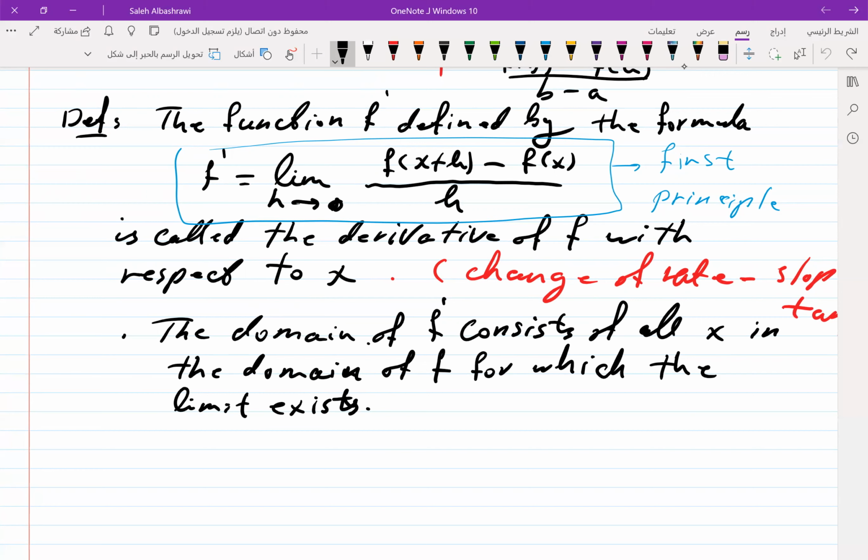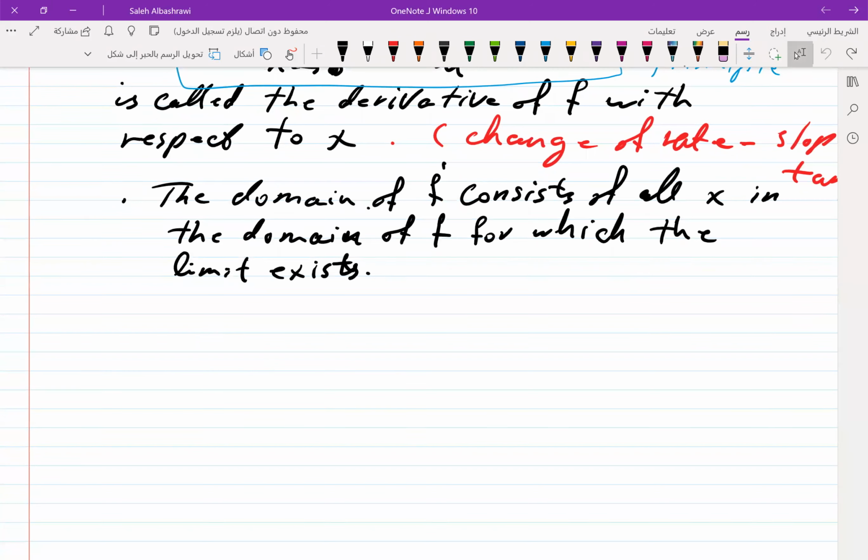Which means this condition of the limit there. If it exists, then we can say that we have a derivative for the function. This is f prime of x. If the limit exists, then we have the derivative. So this is in general the formal definition for the derivative. It is equal to the limit of f of x plus h minus f of x divided by h, where h goes to 0.